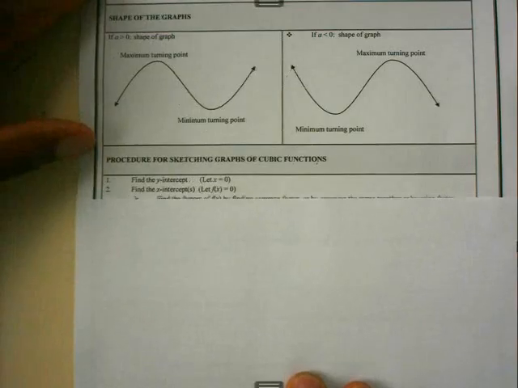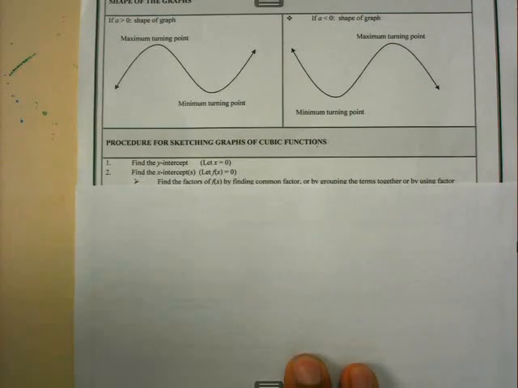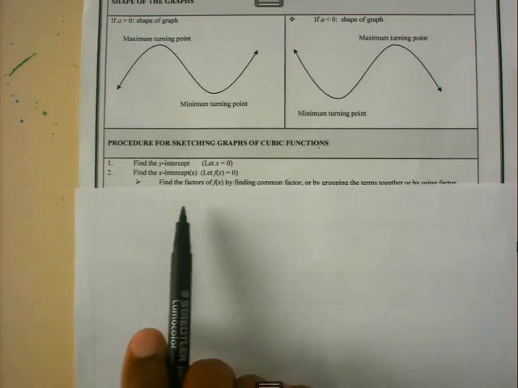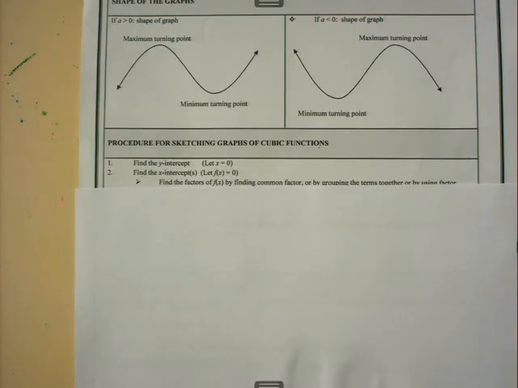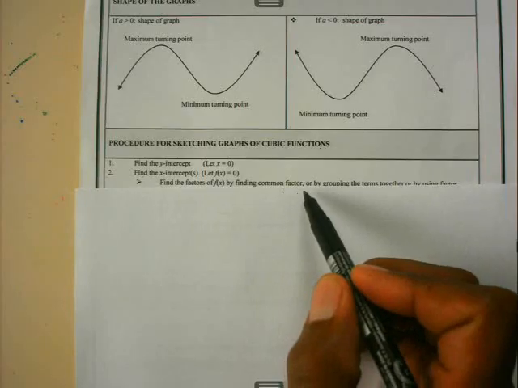That is number 2. And of course, now this one is very important. Remember now we'll be dealing with the cubic function. Of course, first of all, when you solve for x, when you find the x-intercept here, what you must do first is find the factors of f(x), of course, by finding the common factor.